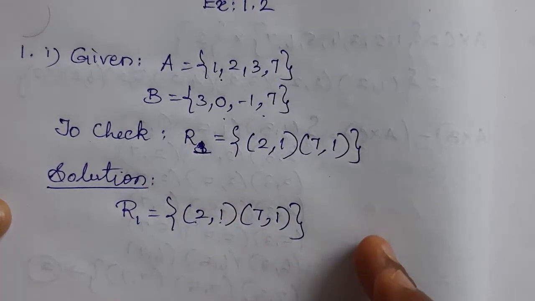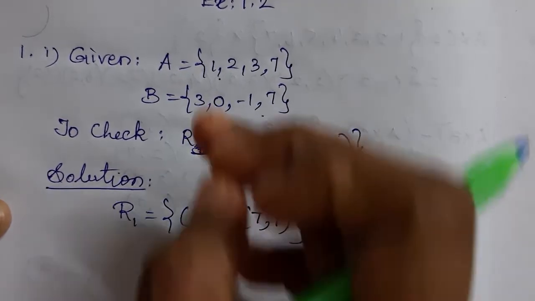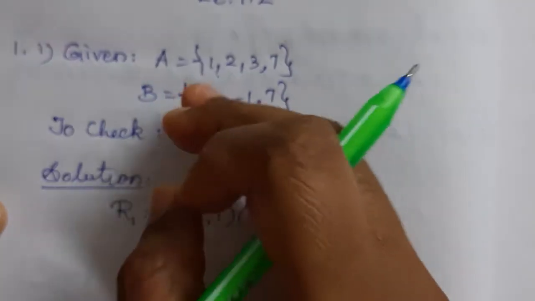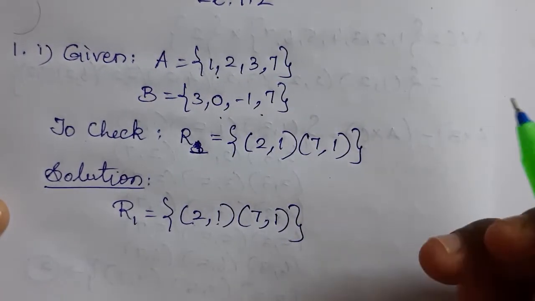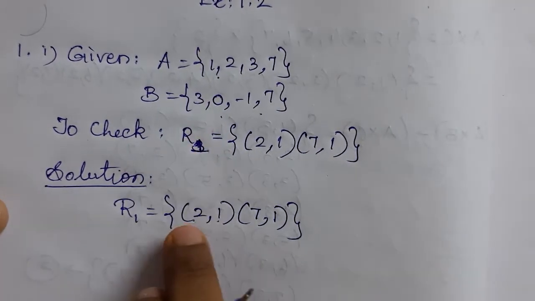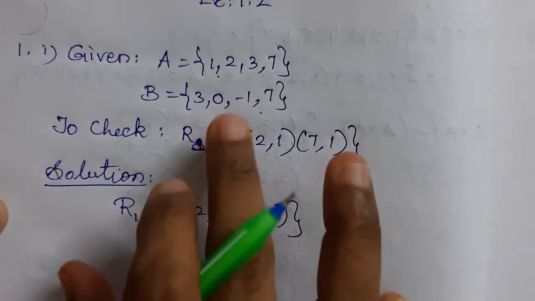Relation from A to B means the ordered pair which you write should be in the order of element of A, element of B. So that is how we write ordered pairs. Here it is (2, 1), where 2 belongs to set A and 1 belongs to set B. That is the order they have written. You have to check whether they belong.